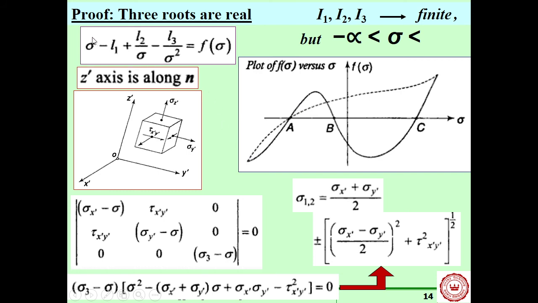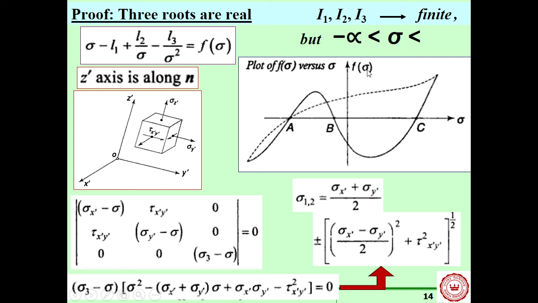Similarly, if sigma is a very high positive value, there also this is positive. I1 is finite, and these other terms become much smaller. So ultimately this f(sigma) has to be positive. Now we know that this f(sigma) is continuous. For every sigma value we have f(sigma), and it crosses the zero line.